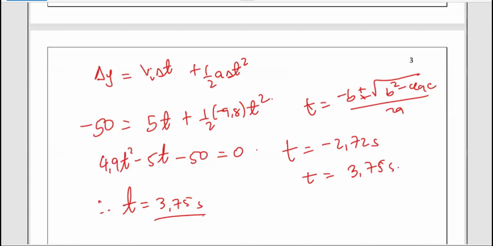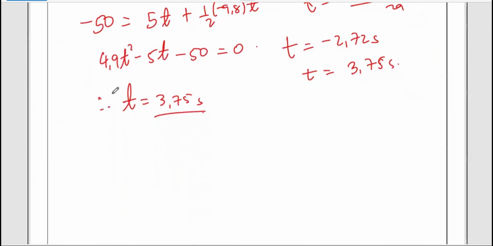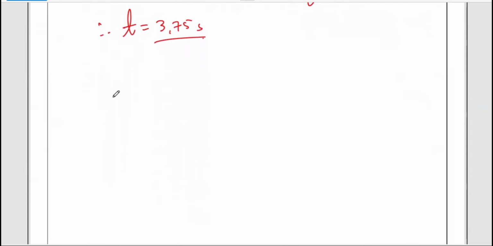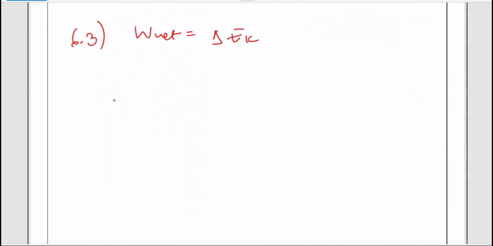So for 6.3, W net is equal to the change in EK.